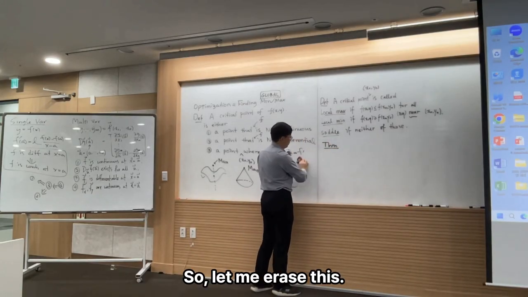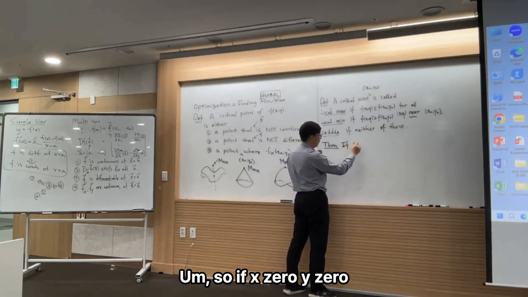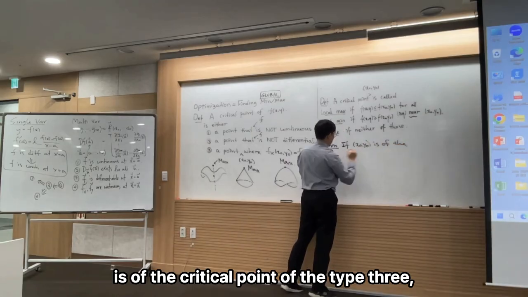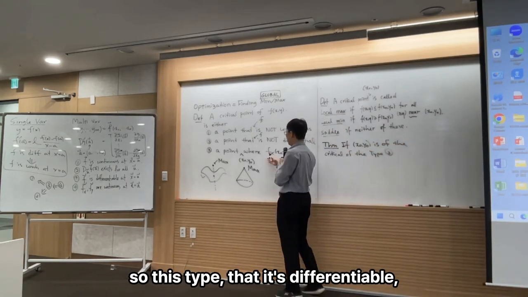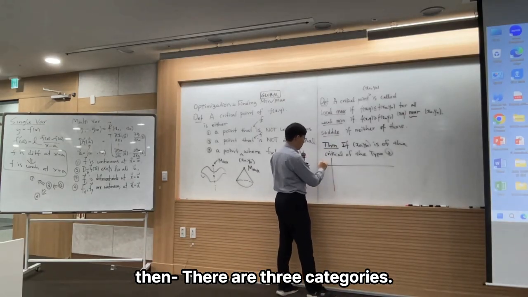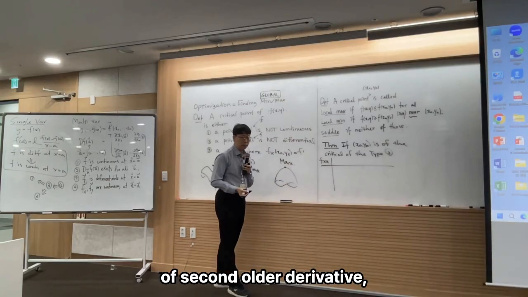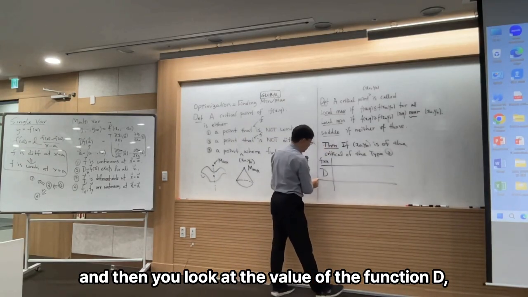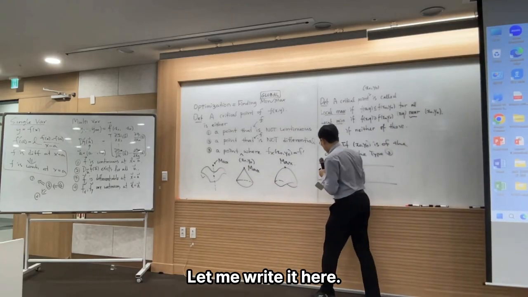So let me erase this. If x0, y0 is a critical point of type 3, that is, it's differentiable, then there are three categories. First, look at the value of the second order derivative, and then you look at the value of the function D. Let me write it here.